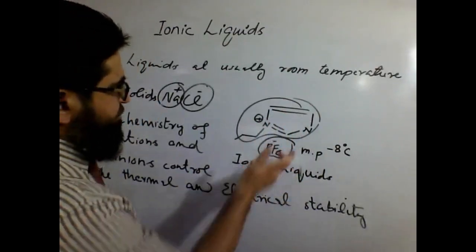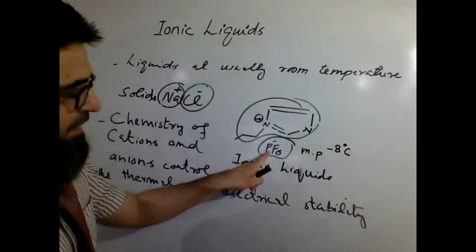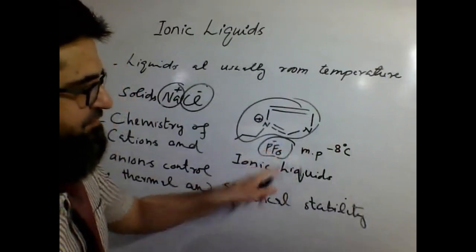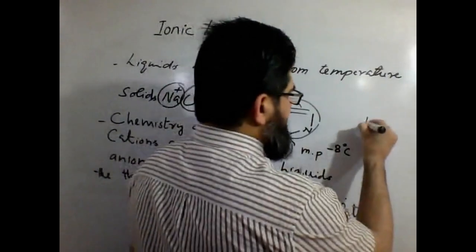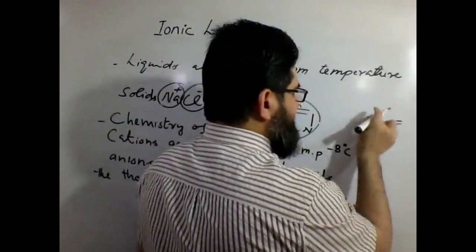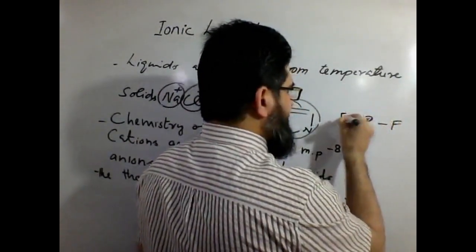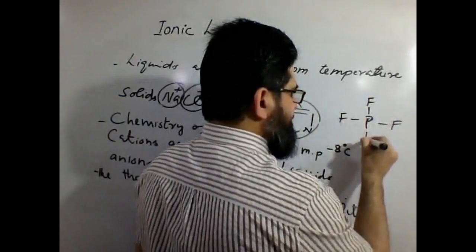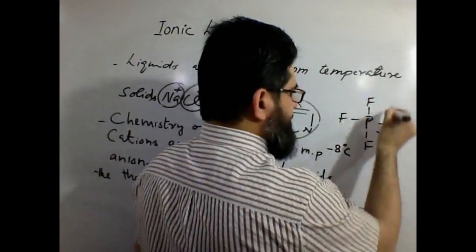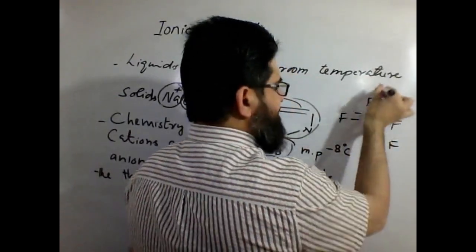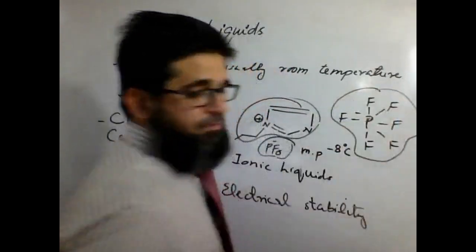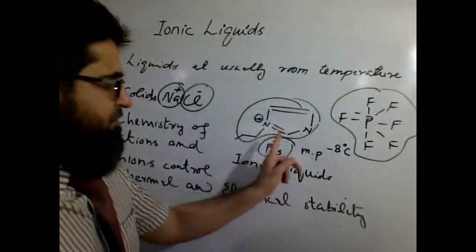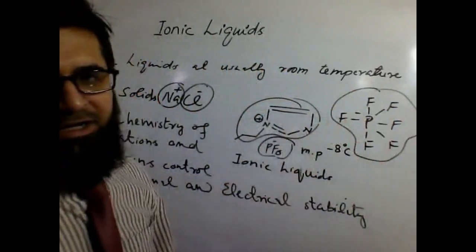Also, in case of anions, I've given a PF6. This is anion. Okay, so these two make an ionic liquid.